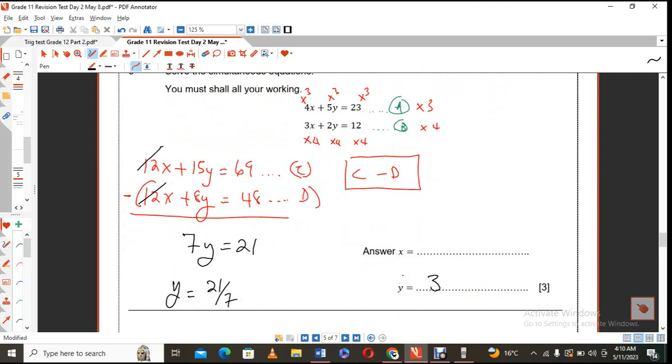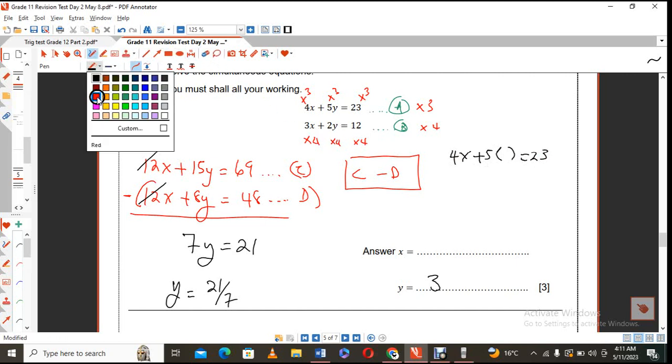If that is the case, we can calculate the value of x by substituting into the original equation 4x plus 5y equals 23, or you can substitute in A or B, you get the same answer.